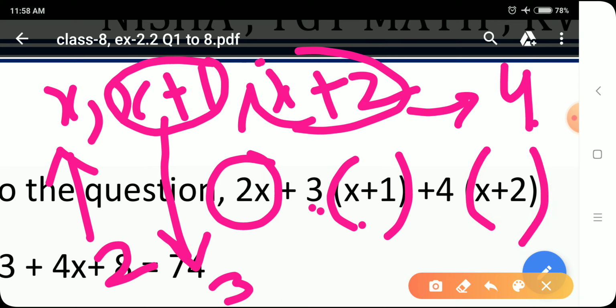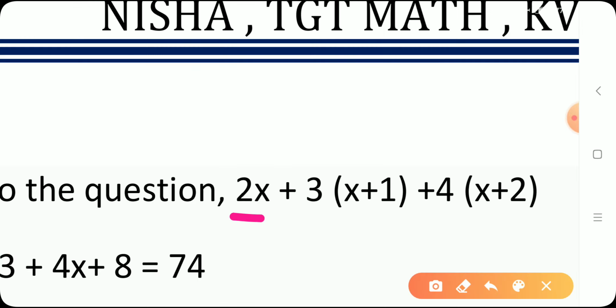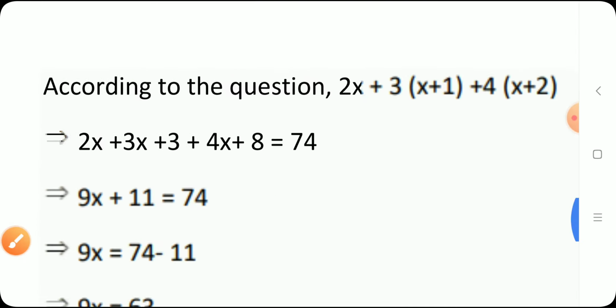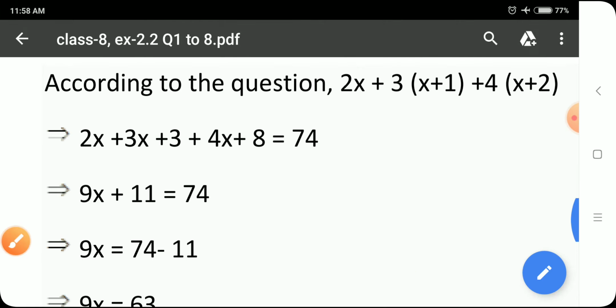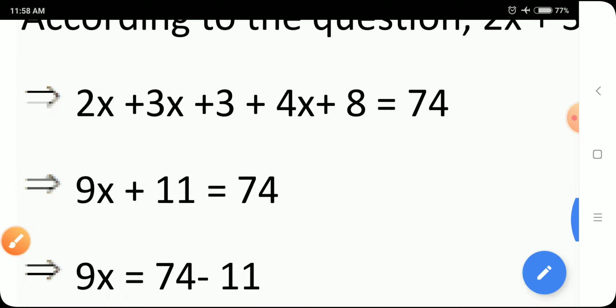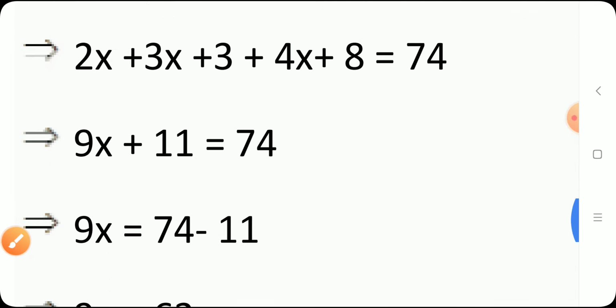Now in the question it is given that if these three are added, you will get 74. Solving that expression gives 9x plus 11 is equal to 74.